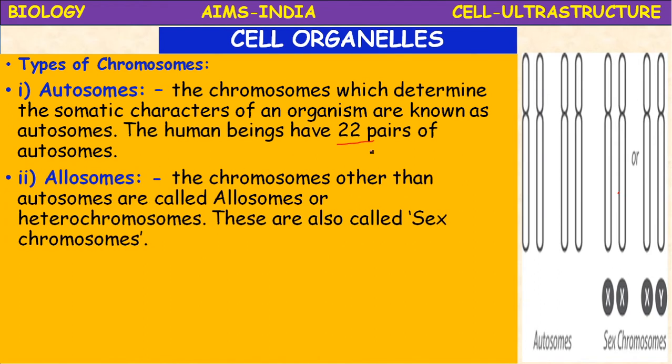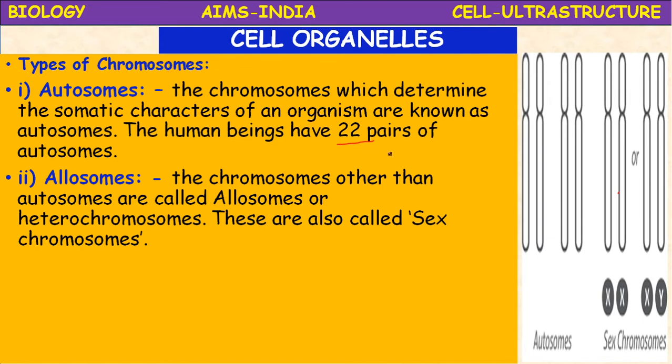Next, allosomes. Allosomes are the chromosomes other than the autosomes. They are also called heterochromosomes. But autosomes are homochromosomes, meaning the same, all the 22 pairs. Allosomes are heterochromosomes, and they are also called the sex chromosomes.